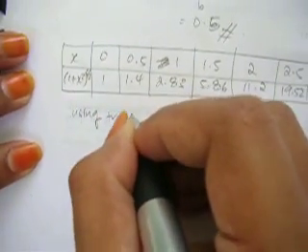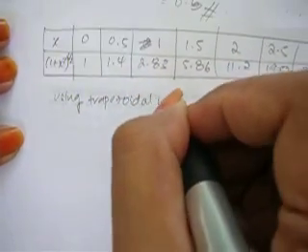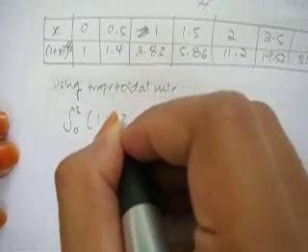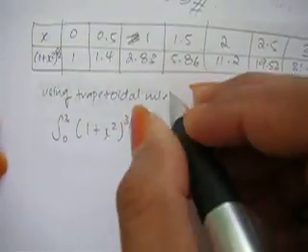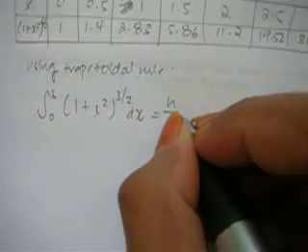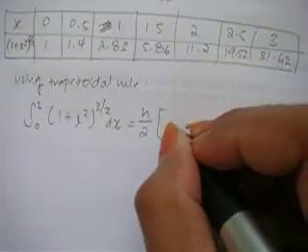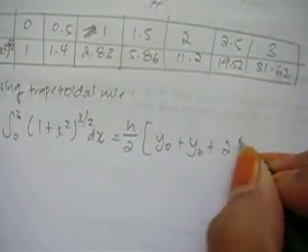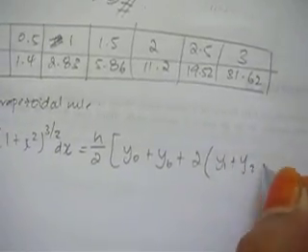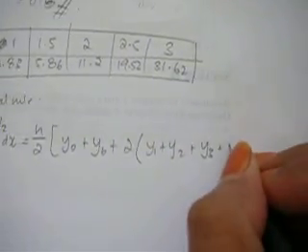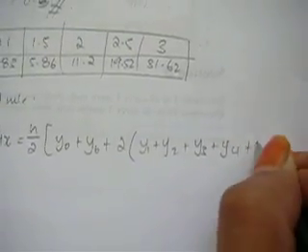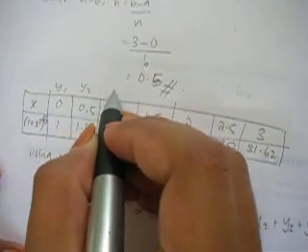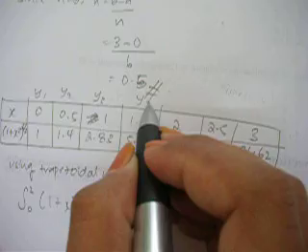After which, by using the trapezoidal rule formula, the integral of (1 plus x squared) to the power of 3 over 2 dx is given by h over 2 times [y0 plus y6 plus 2 times (y1 plus y2 plus y3 plus y4 plus y5)]. This is y1, y2, y3, y4.